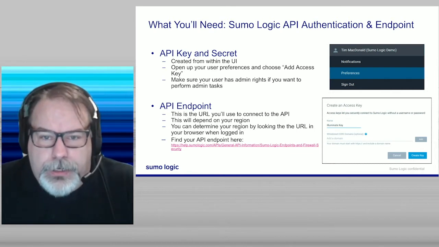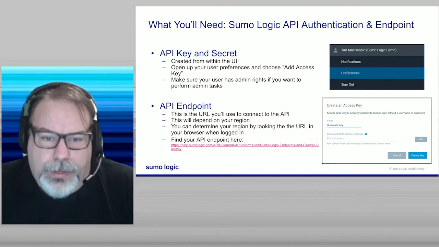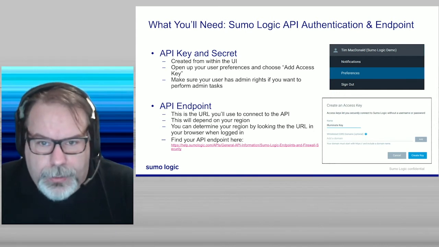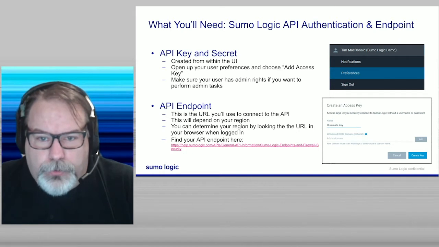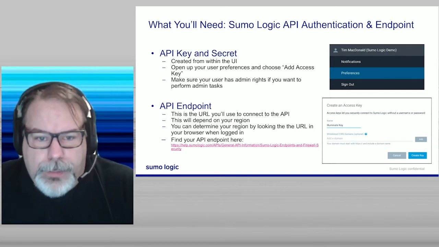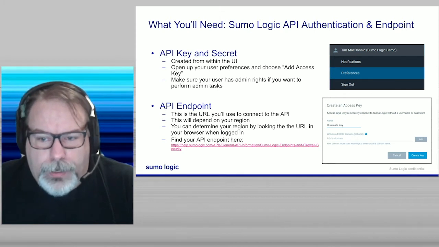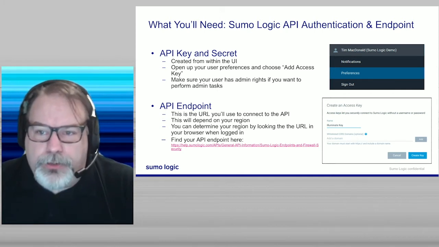The other thing you're going to need to do is identify your API endpoint. So this is the URL that the API is going to connect to, or that your client is going to connect to perform API tasks. So you are going to need to look at your browser when you log into the Sumo Logic UI.